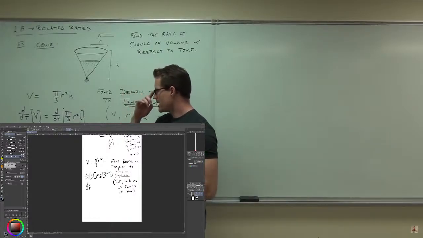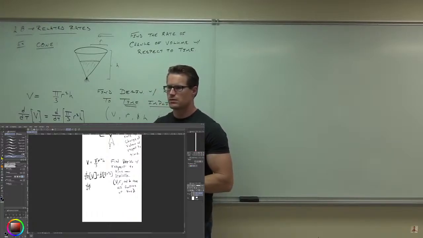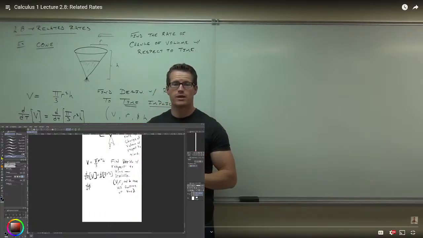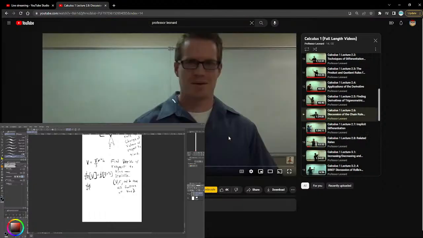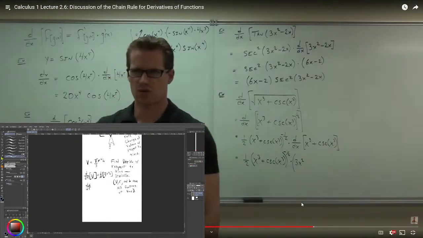Now on the right-hand side, what now? Do you see the chain rule here?